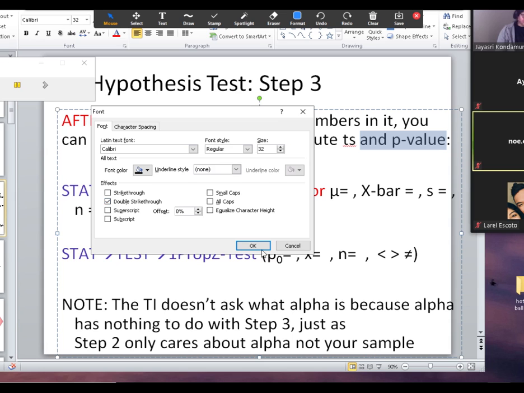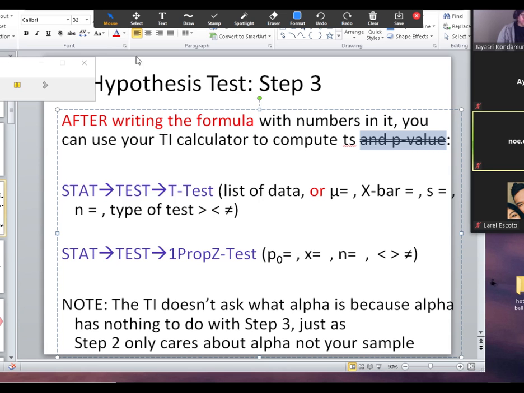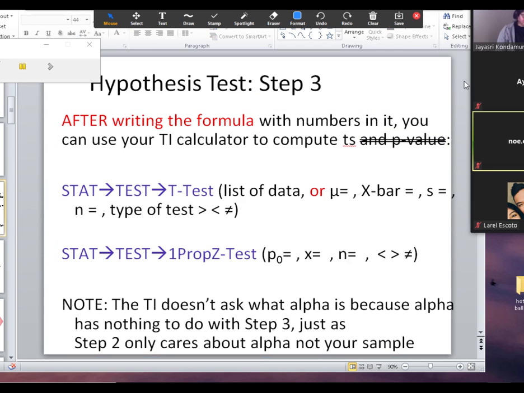We'll strike through. All right, so skip that one. And then you can just calculate it in your formula using your calculator. That's the normal way of doing it. Or you can use stat test if you want to. Stat test, t-test for the mean, stat test 1 proportion test for the proportions. But you might just find it easier to calculate it like you would normally.